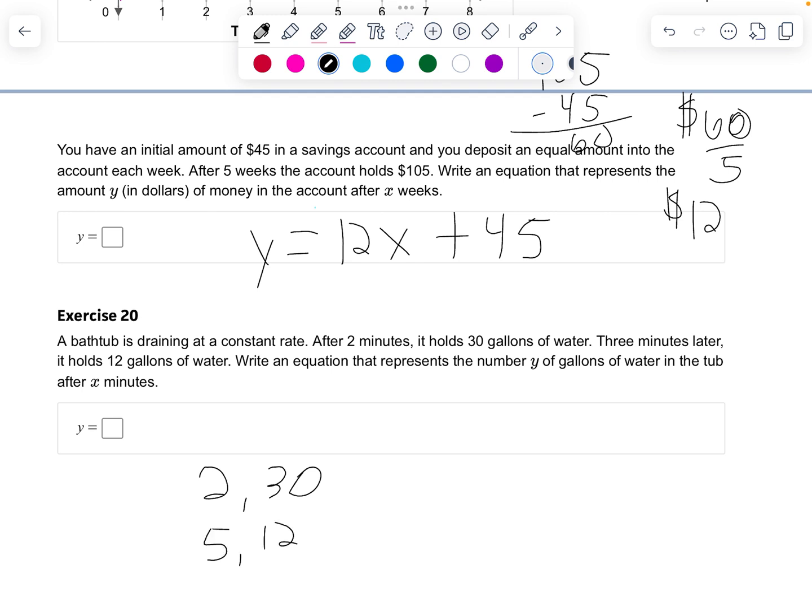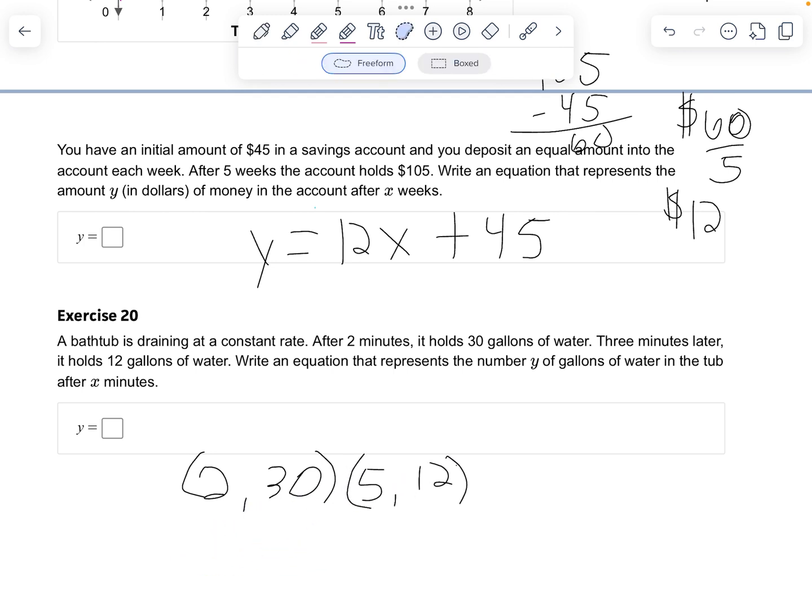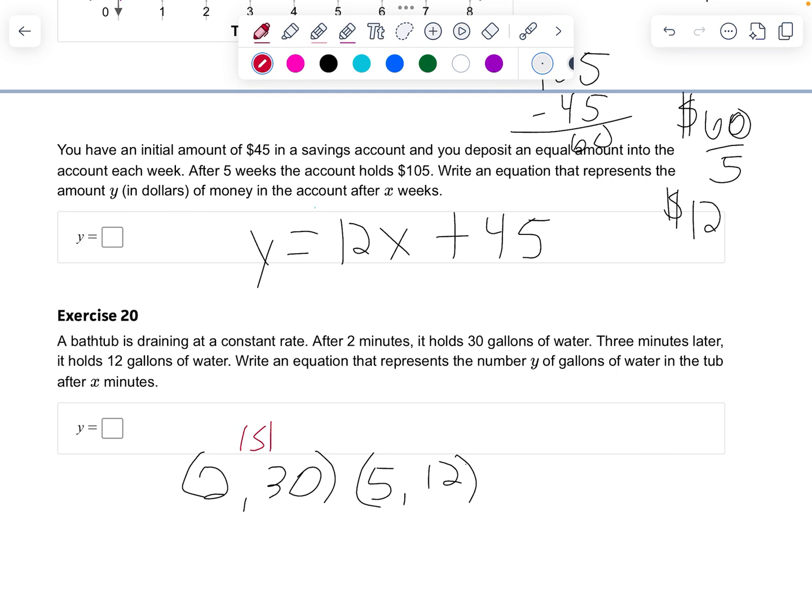So there are your 2 points, because X is the number of minutes and Y is the number of gallons. We made points. Okay, this will be my first point. This will be my second point.